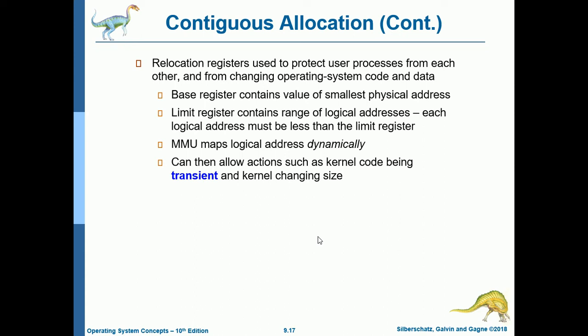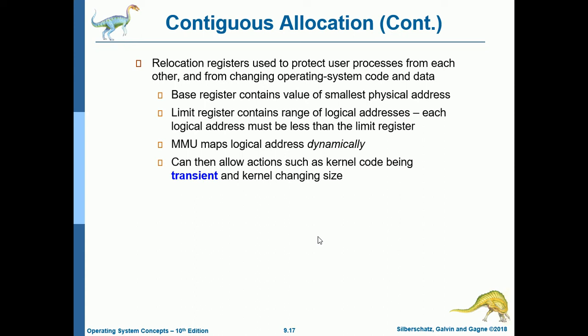Relocation registers are used to protect user processes from each other and from changing operating system code and data. The base register contains the value of the smallest physical address, that's why it is base plus limit. The limit register contains the range of logical addresses. Each logical address must be less than the limit register.